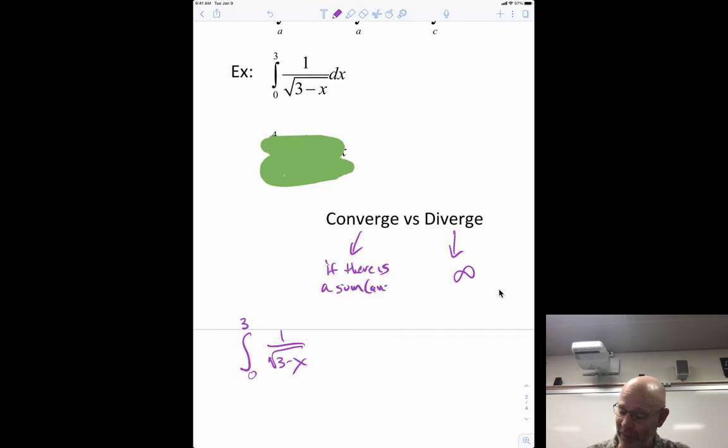If there's some sum of that area, we just say it converges to, so we might say it converges to 23, or whatever the number is. Remember that it's not exactly that area because we're taking a limit, so it's getting closer and closer. You might remember these terms from Algebra 2 honors. We're going to study these terms again in the last chapter. If a limit converges, it converges to a number. If it diverges, it goes to infinity.